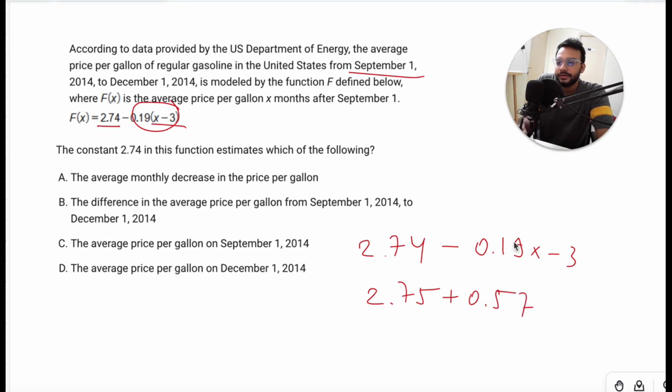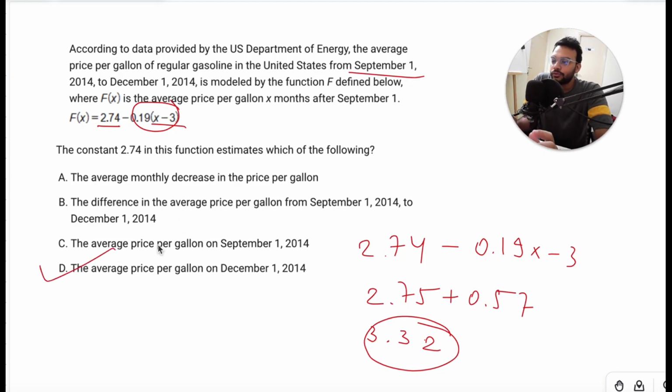Okay, 19 times 3 is 57, so 0.57. So 7 plus 4 is 11, 1 carry 1, 3.31. That's the price in September. Okay, then it keeps on decreasing, and in December it reaches 2.74. So this is option D. Option D is the correct one.